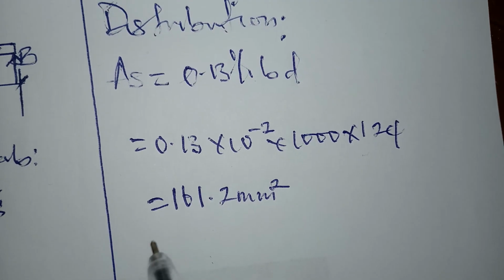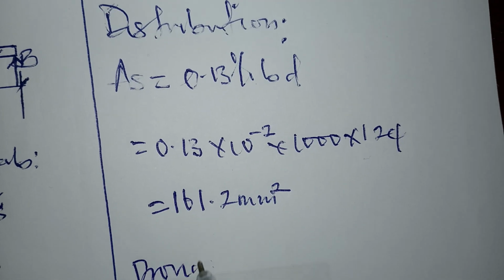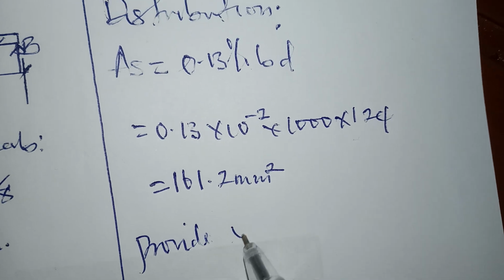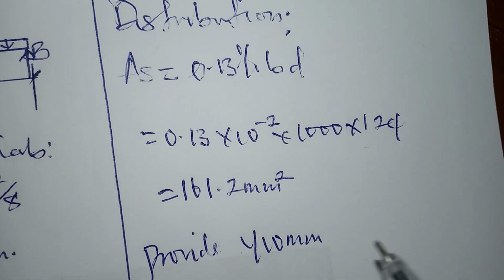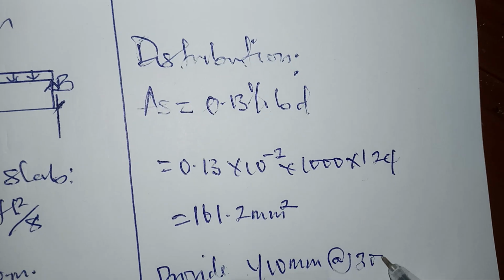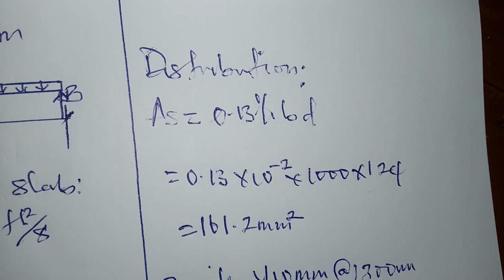Hence, for this reason, you can simply say provide Y10 mm at 300 millimeter.